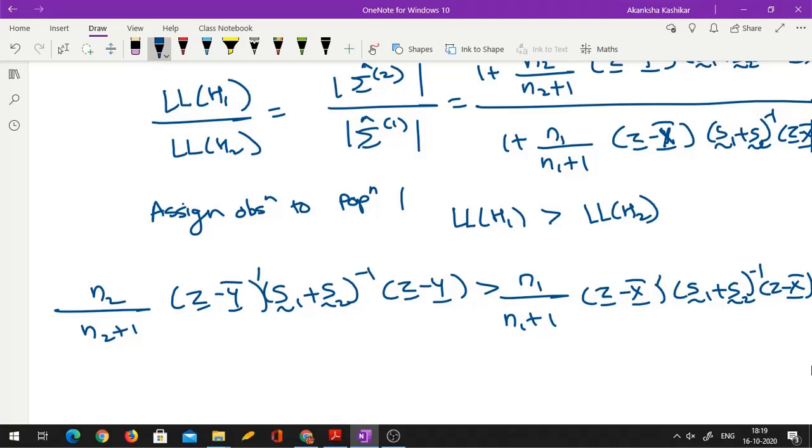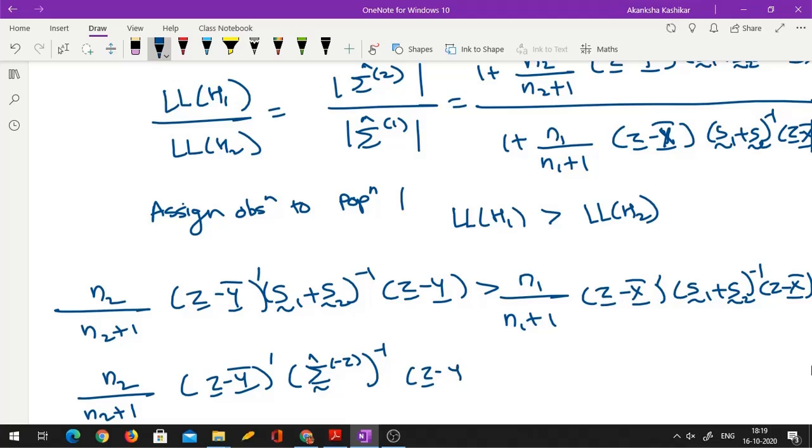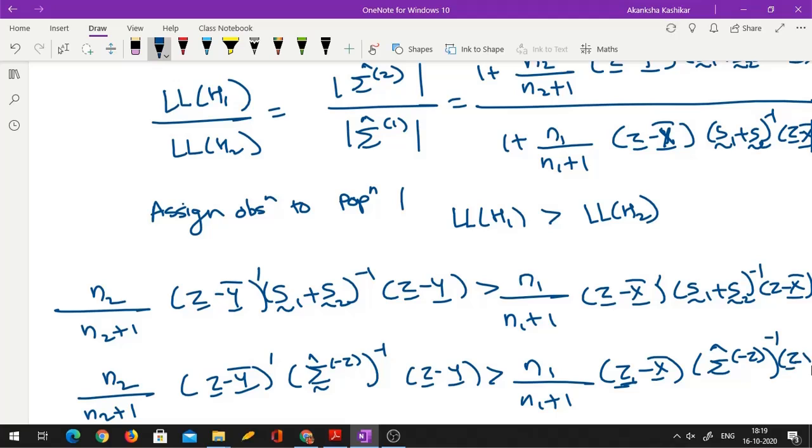I can also bring in N1 plus N2 plus 1 on both the sides to make this (Z − Y bar)' sigma hat without Z inverse (Z − Y bar), and N1 plus 1 same story, so (Z − X bar)' sigma hat without Z inverse (Z − X bar).